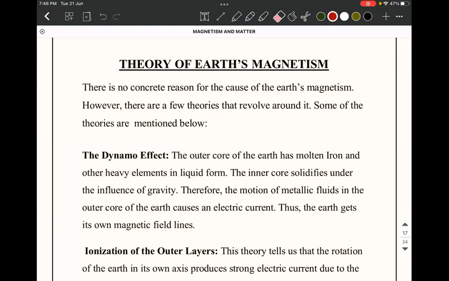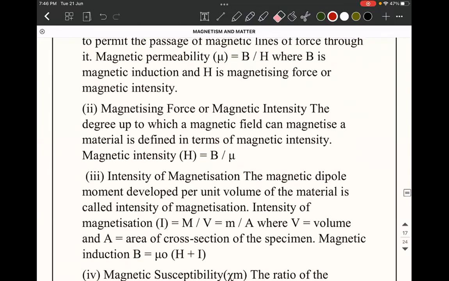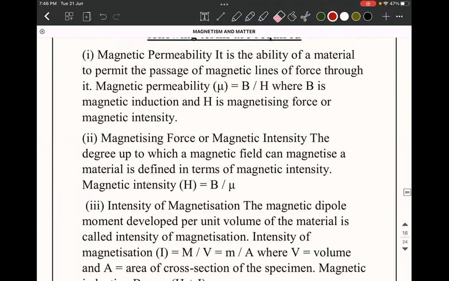In this chapter, the toughest part is theory only. If you're not good with the theory, you will not be able to attempt the questions. So I suggest you all go through the theory again. Apart from that, Earth's magnetism is a very, very simple concept. Don't worry about it. Tomorrow, maximum 40-45 minutes, we'll be done with this chapter.